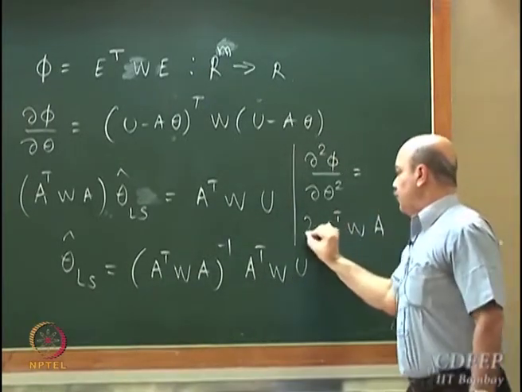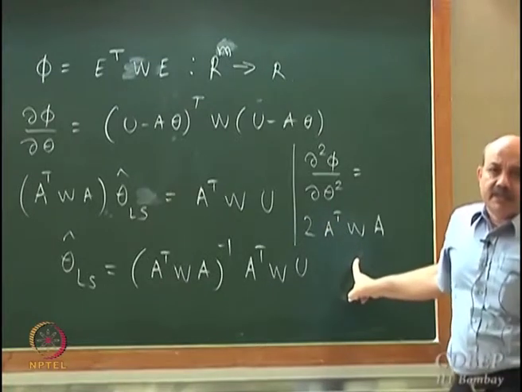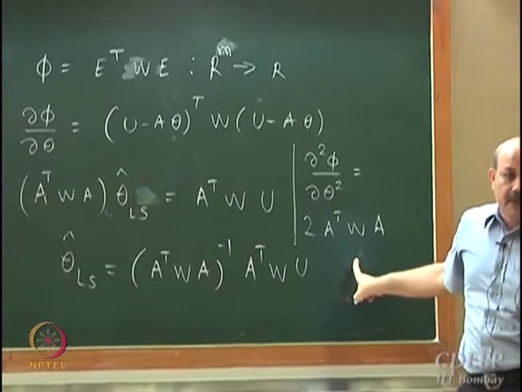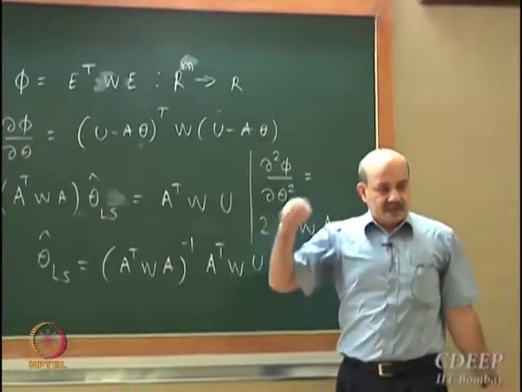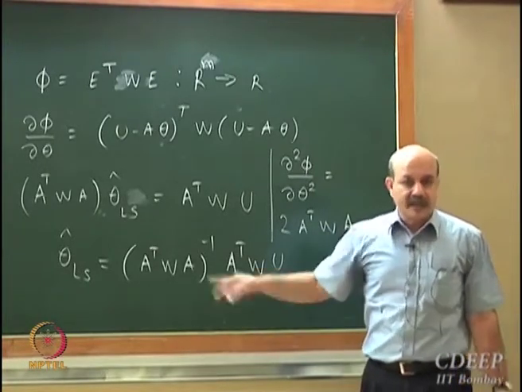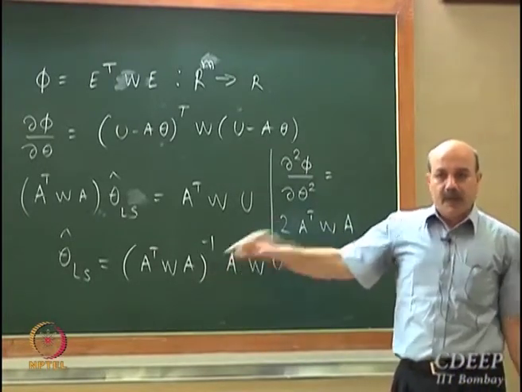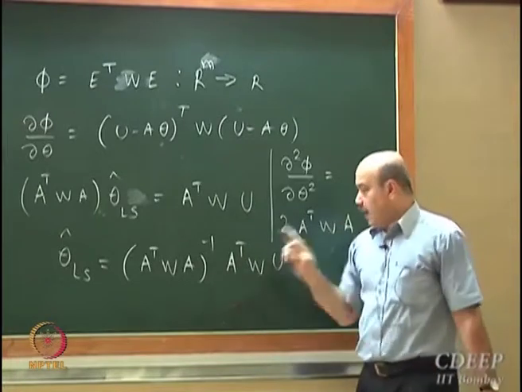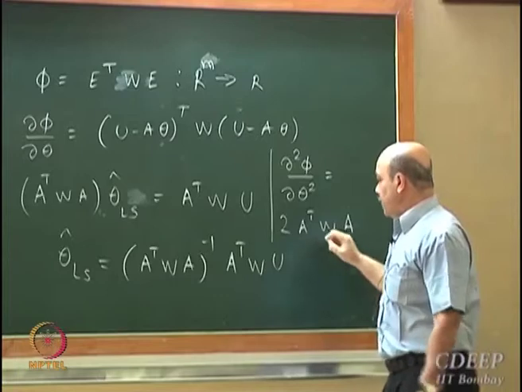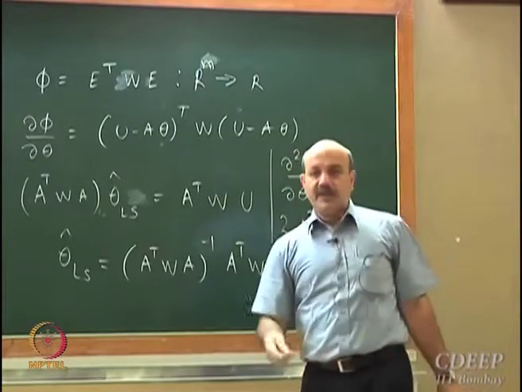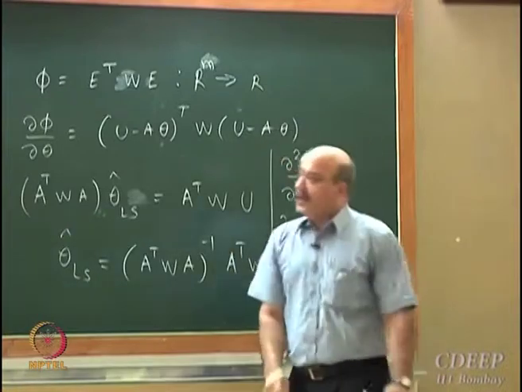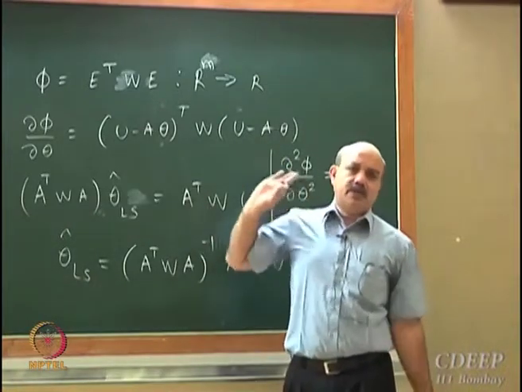The second derivative is always symmetric, positive definite. Which means the stationary point you have got, the point at which the gradient is equal to 0, has a second derivative given by this matrix, which is symmetric, positive definite. You have reached the global minimum.